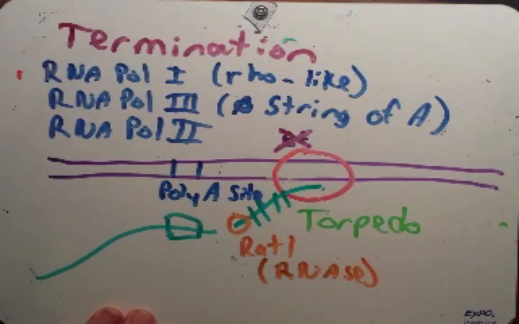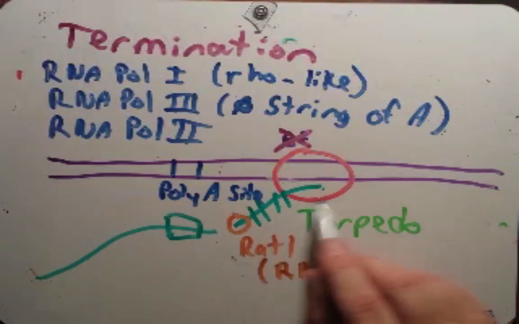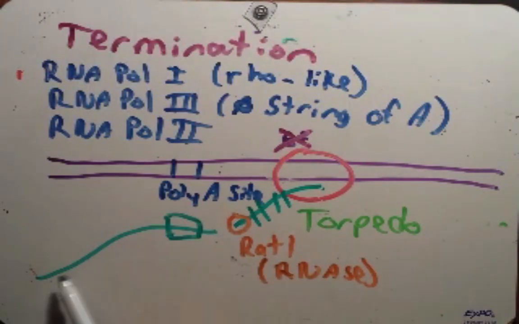And once it gets to the RNA polymerase, it then breaks apart and releases the RNA polymerase and has degraded all of the RNA that's not part of the primary RNA transcript here. Both these models, the torpedo model and the allosteric model, are viable, and there's evidence that both of them exist, and it's more likely that within any given eukaryotic organism both of these actually occur.